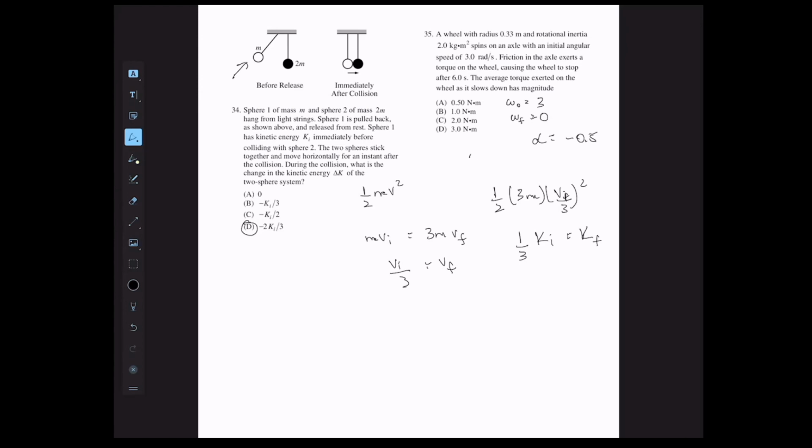And then we know that torque is equal to rotational inertia times angular acceleration. So that is 2 times negative 0.5. And that is negative 1. The torque to slow it down implicates that it's negative. So it's B.